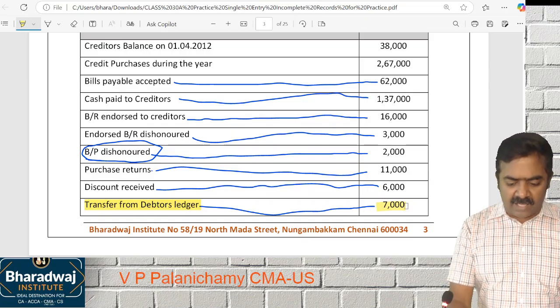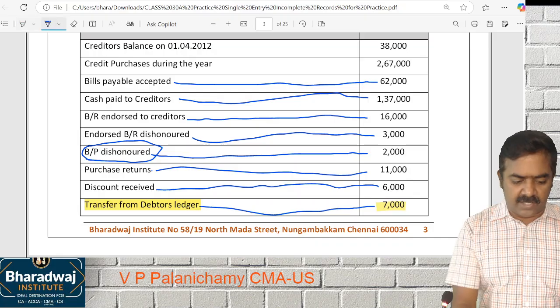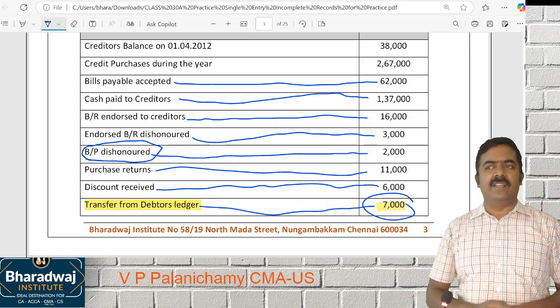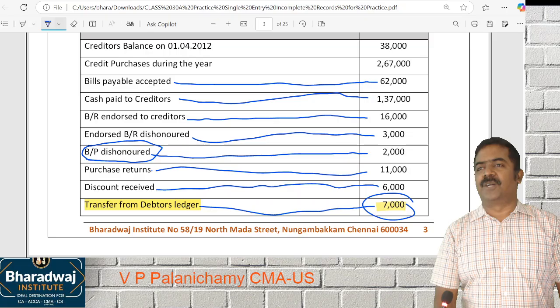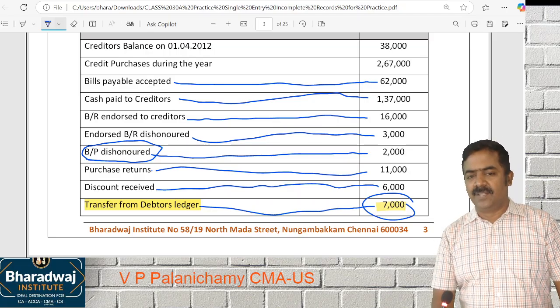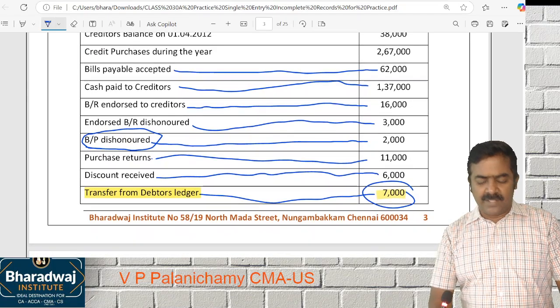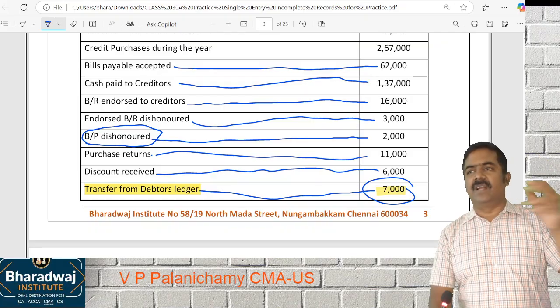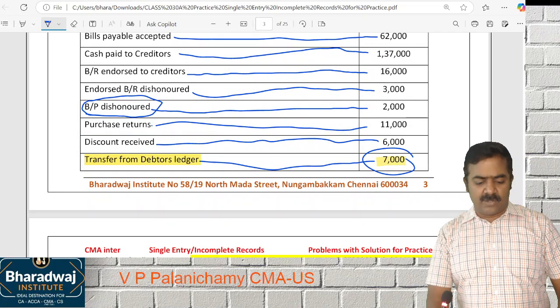That time I will transfer from my debtors register. What is the journal entry? Creditors account debit to debtors account. So in single entry, if there is a doubt, if you pass a journal entry, then you can post in ledger.